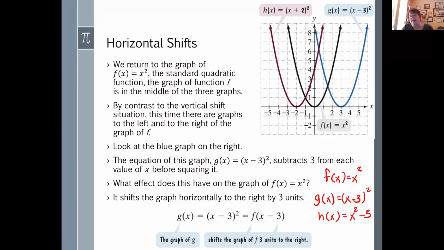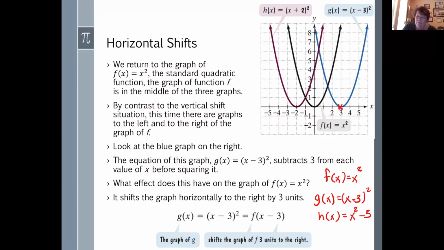So if you subtract a constant from your input x, that is a shift to the right. And the reason it does that is because you actually have to shift the input to get the same output. So in the standard quadratic function, if I input 0, I output 0.